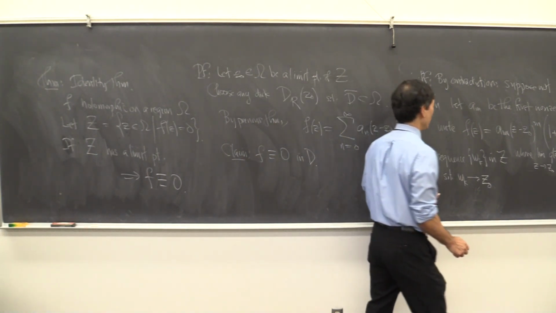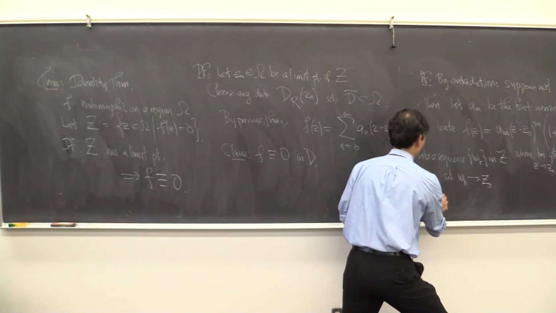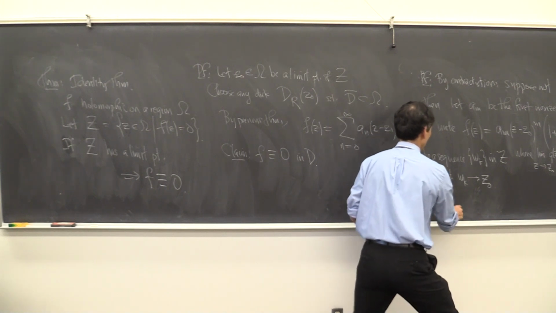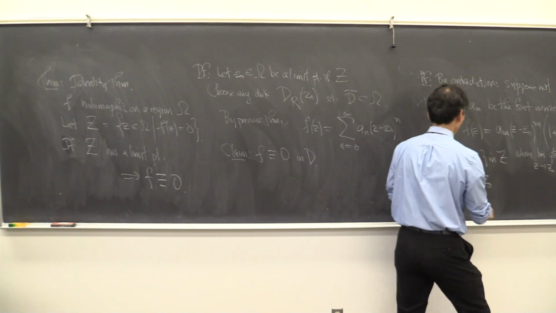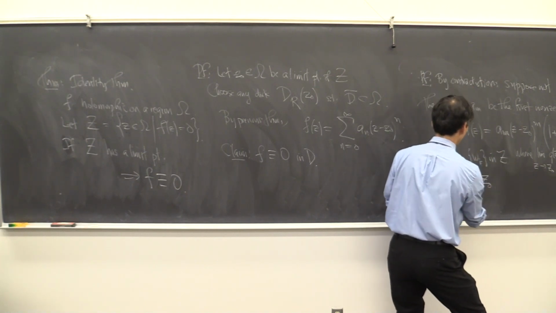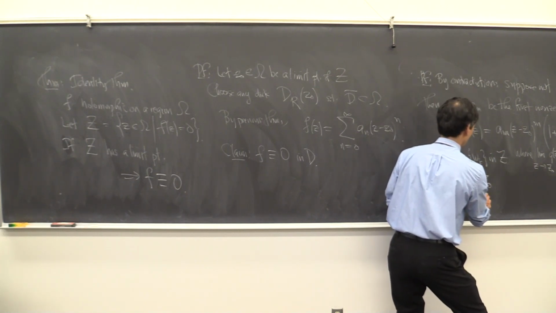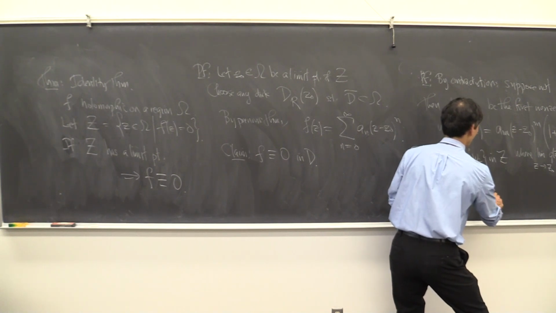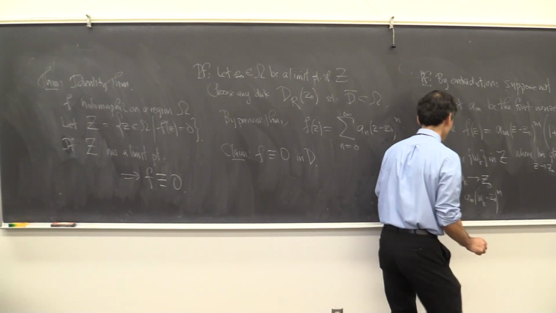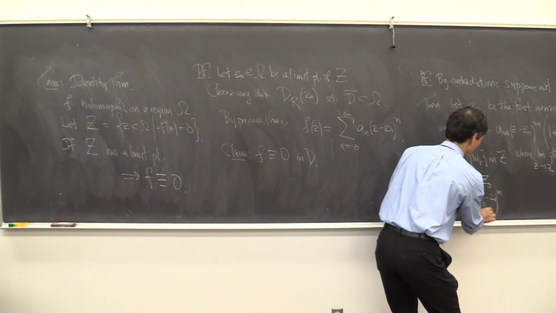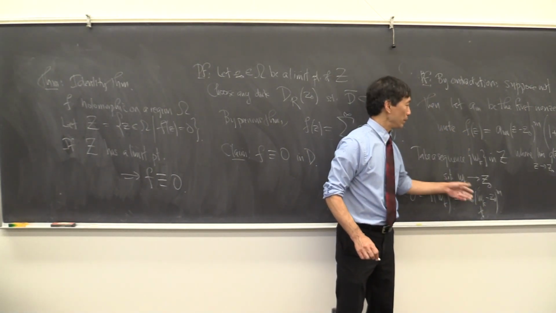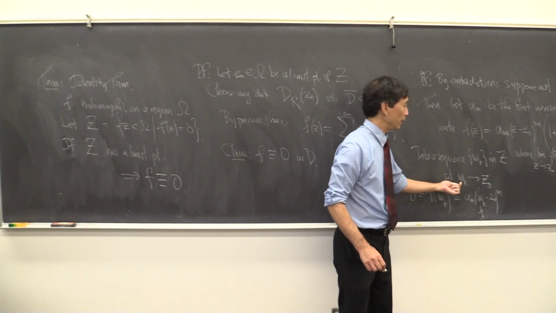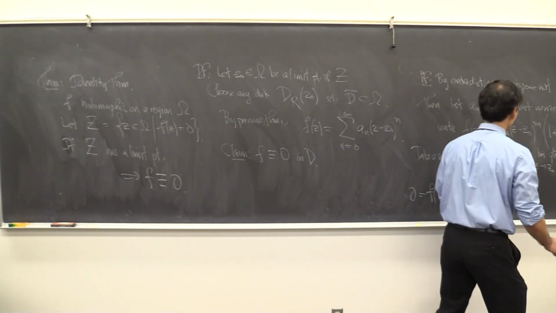Well, f of w_k is 0 always. And on the right-hand side, a sub m times (w_k minus z naught) to the m is non-zero. This is a non-zero term, since w_k is going to z naught but doesn't reach z naught.